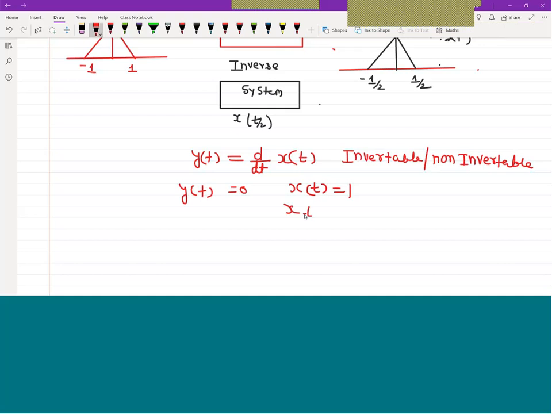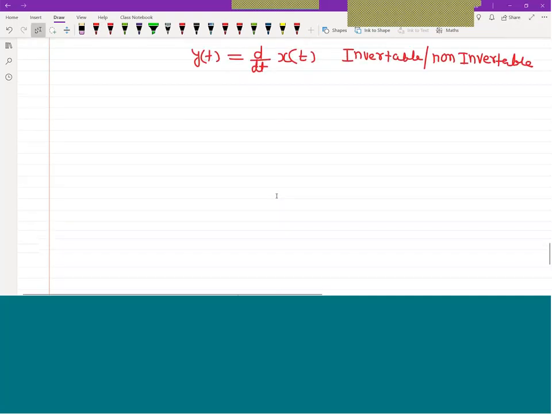If I select x(t) equal to 2, y(t) is equivalent to 0. So more than one input is producing the same output. This means the system is a non-invertible system.